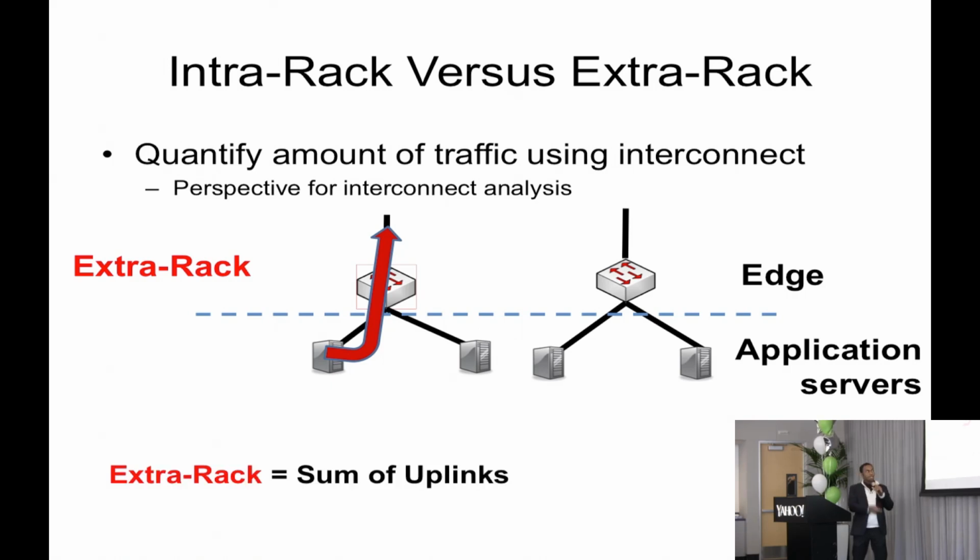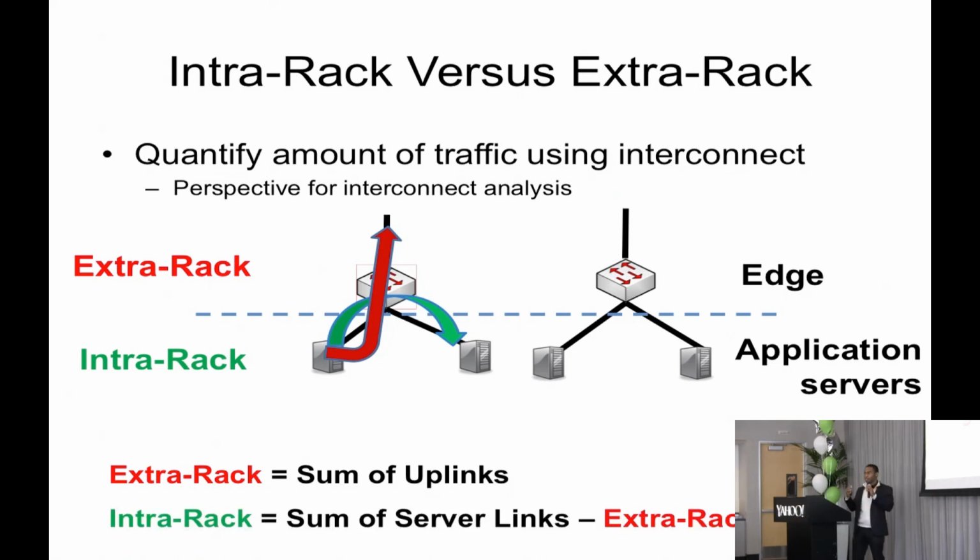So the amount of traffic that stays in here is traffic going up from the servers minus traffic going up the edge, so the intra-rack traffic is just the sum of the server uplinks minus the edge uplinks. It's really, really simple math. But this gives us an idea of how much traffic the servers send onto their links that actually leaves versus actually stays within the rack itself.